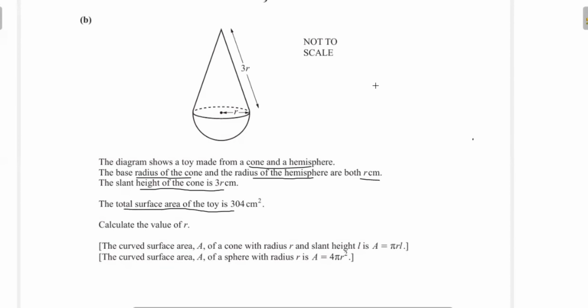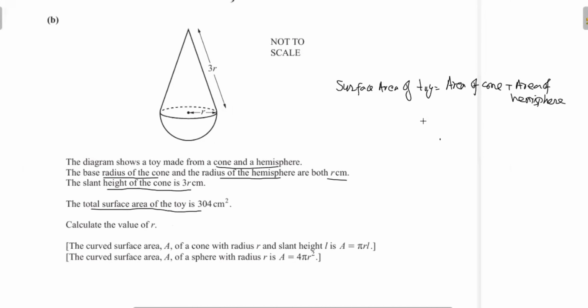Therefore, the surface area of the toy will be equal to the area of the cone plus the area of the hemisphere. The area of the cone is pi r l, and the area of the hemisphere is 4 pi r square over 2, because the area of a sphere is 4 pi r square, and when we divide this value by 2, we get the area of the hemisphere.